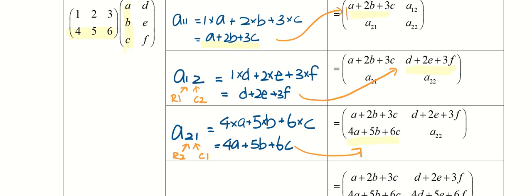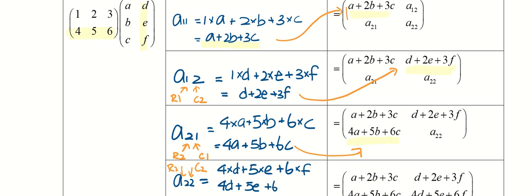Now, the last one, which is your A22. A22 is row 2 and column 2. If you look at the original matrix, column 2 is D, E, F. So you will get 4 times D plus 5 times E plus 6 times F. So you get 4D plus 5E plus 6F.